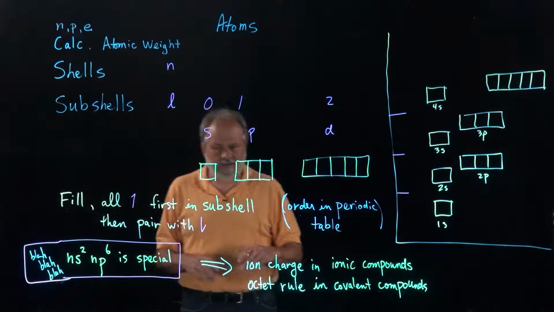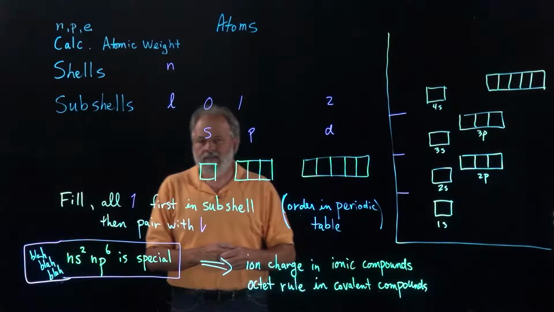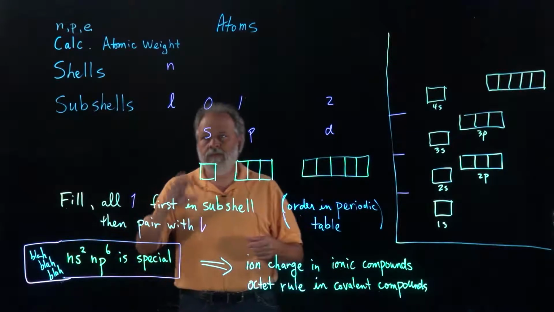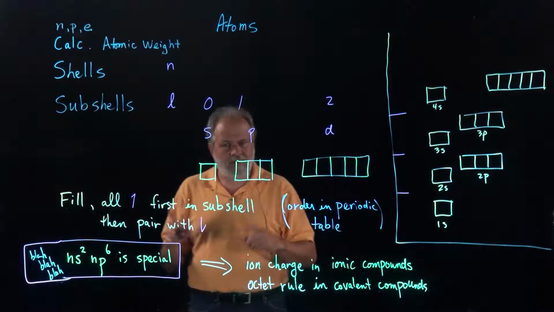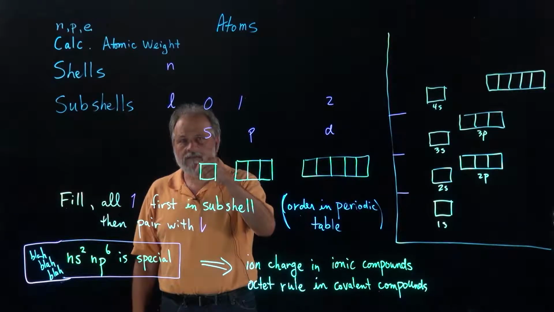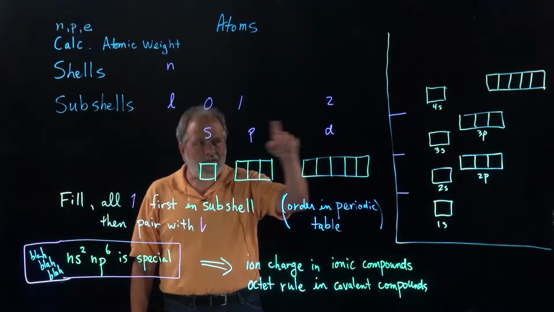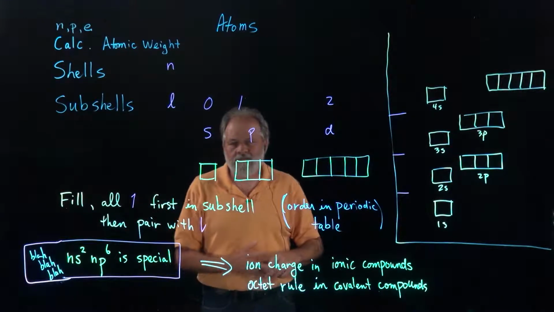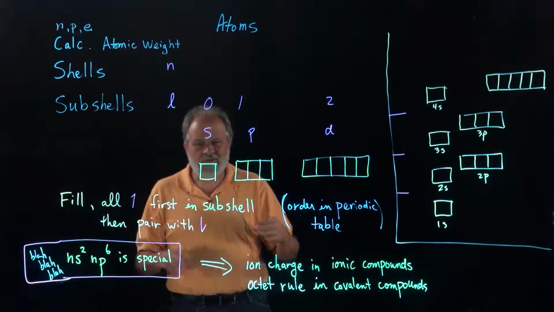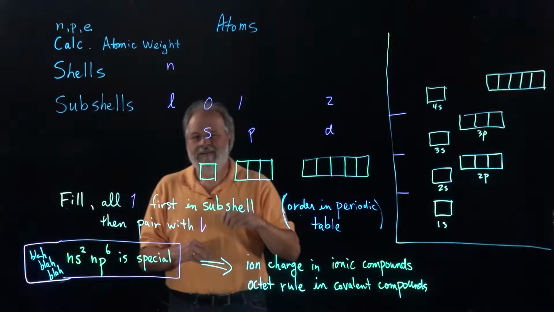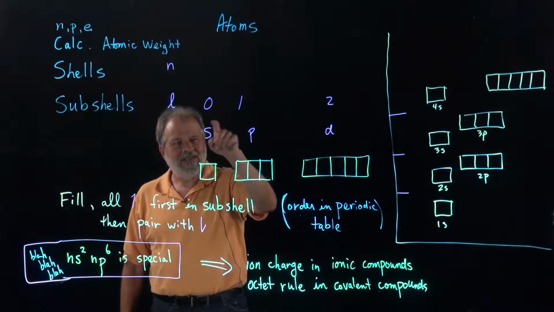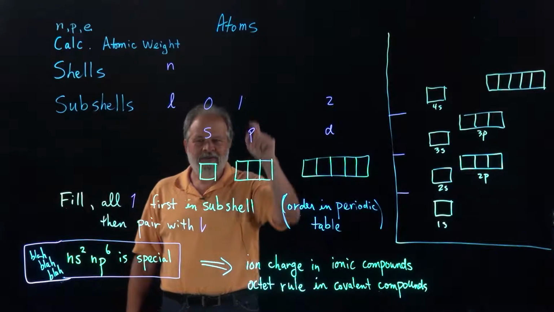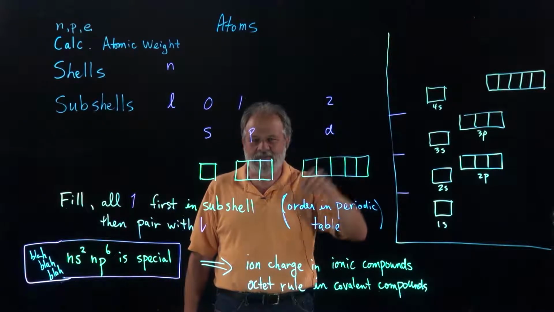Then after that, there's an idea of subshell. A subshell is kind of like another quantum number, except in the subshell we actually don't write the number itself. We use a code, like the Christmas Story movie, the decoder ring for Ovaltine. So 0 is an s, 1 is a p, and 2 is a d.